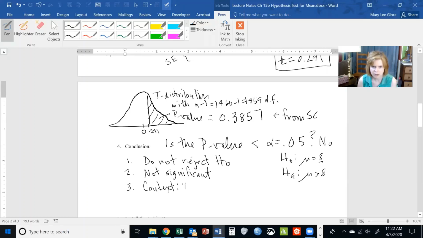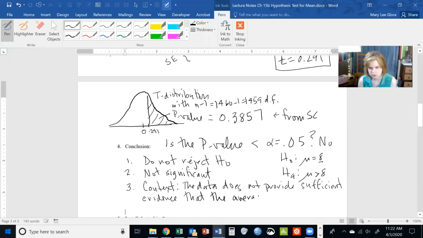All right, so the data does not provide sufficient evidence that the average wind speed is over 8 miles per hour.